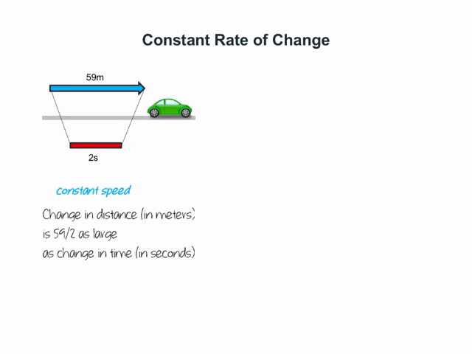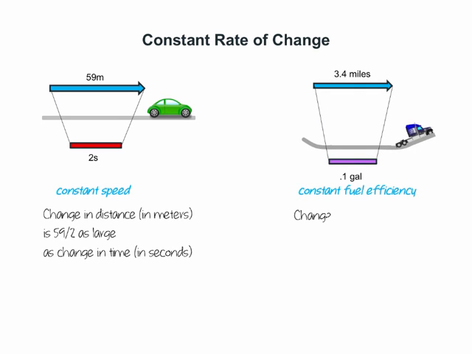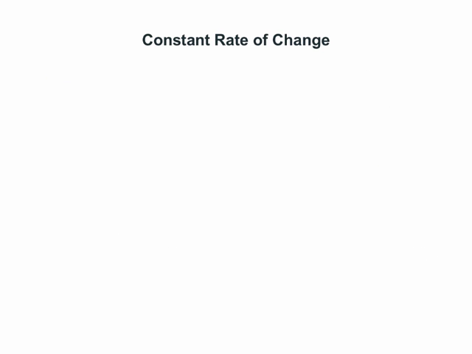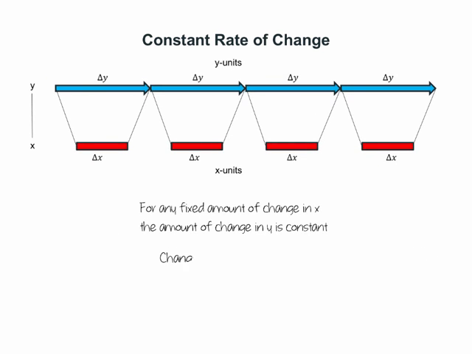And with constant fuel economy, we saw that the change in distance, in miles, is always 34 times as large as the change in amount of fuel, in gallons. So, in general, a constant rate of change of y with respect to x means the change in y units is delta y divided by delta x times as large as the change in x units.